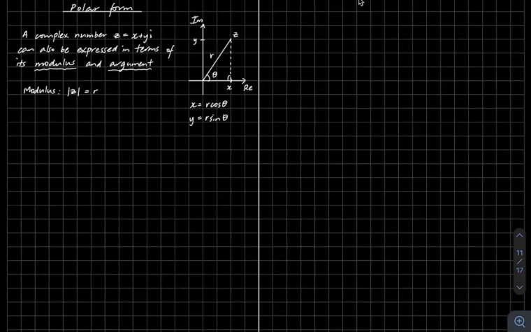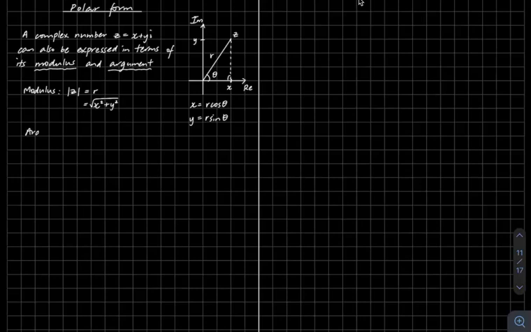So we use the letter r. In terms of its components, that would be equal to the square root of the square of the real component plus the square of the imaginary component. Just using Pythagoras' theorem, it's the square root of x squared plus y squared, where x and y are the real and imaginary components. That would be the modulus.